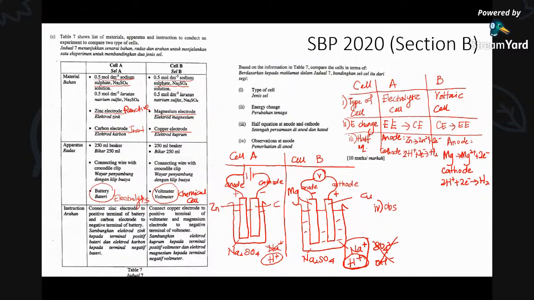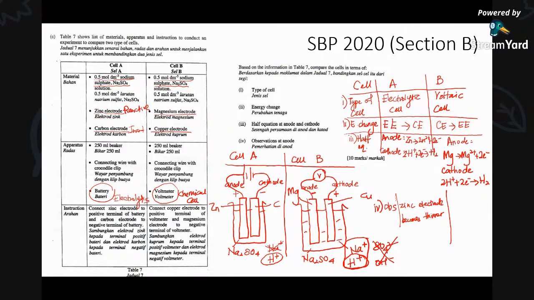Okay, so what you can see in cell A, you can see that zinc is dissolving. So you can say zinc electrode becomes thinner.